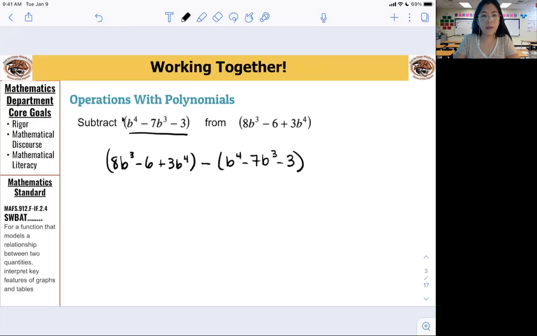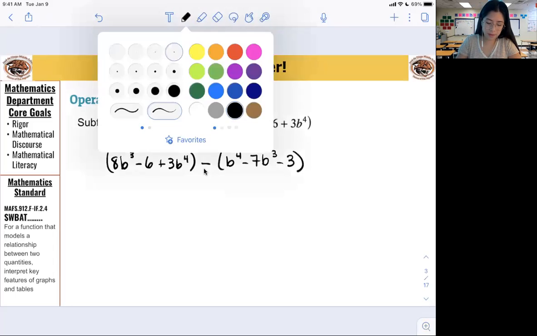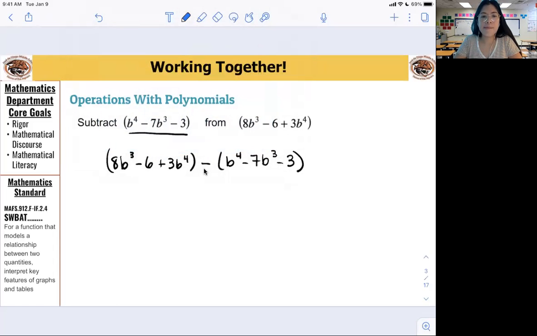Again, I'm taking this away from this. So I have 8b cubed minus 6 plus 3b to the power of 4 minus b to the power of 4 minus 7b cubed minus 3. Now I have subtraction. So what's the other thing we have to remember to do? We have to make the exponent to the right negative.